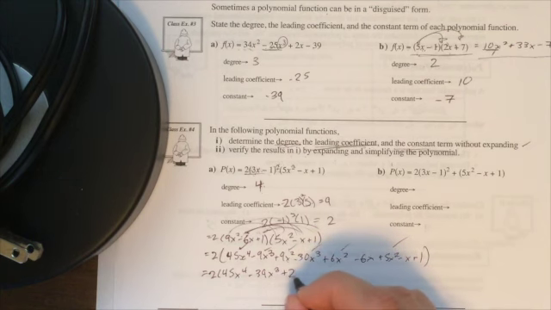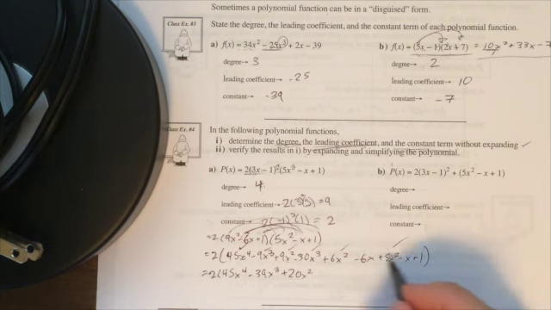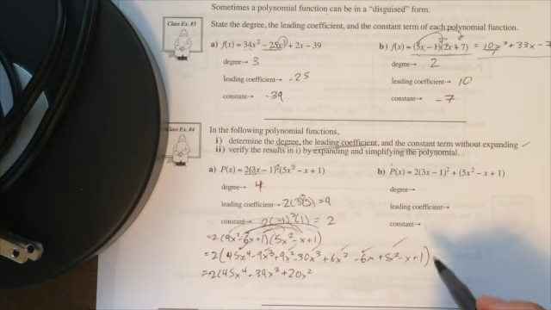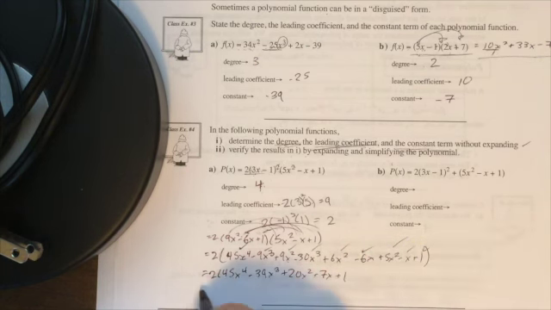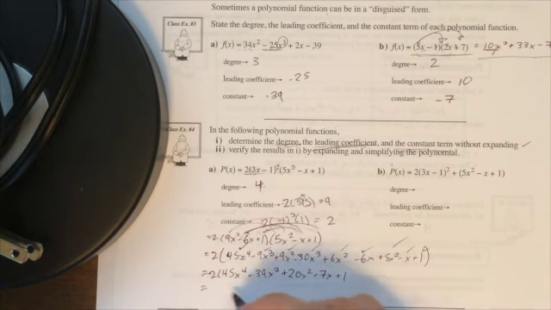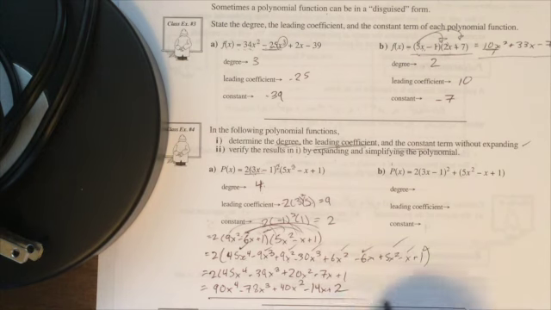And I get plus 20x squared, negative 6x and negative x will give me negative 7x, and I get positive 1 for my constant term. And so if I multiply everything by 2 now, I'm going to end up with 90x to the power 4 minus 78x cubed plus 40x squared minus 14x plus 2.